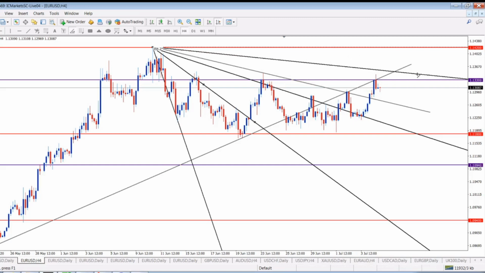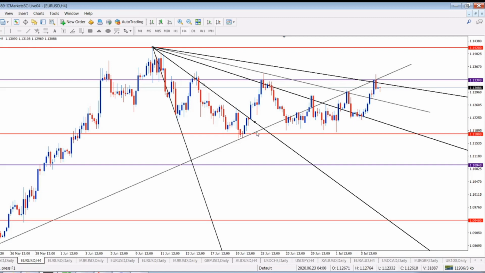Where is it? Here we go. You got another line over here. Let's get rid of this one. And you see, in this way, we made a very quick Gann fan made exactly to our needs.